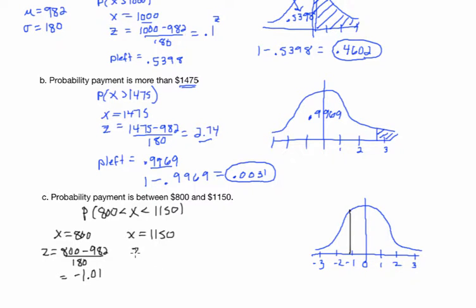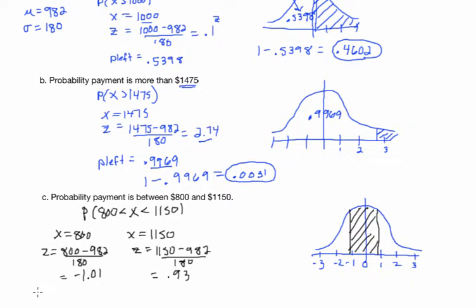The z-score that lines up with the data value of 1150 is 0.93. That's right there. So I'm looking for the probability that I'm in this area. Guess. What would you guess? 70%? 60%?